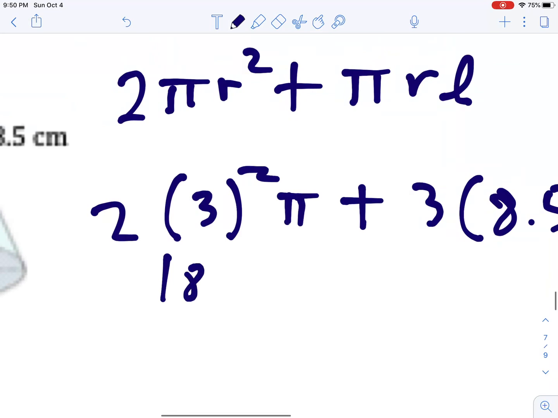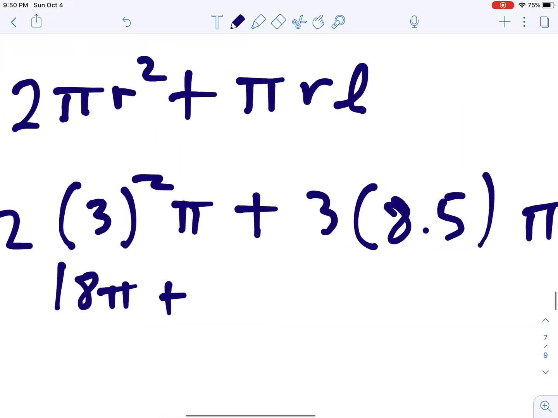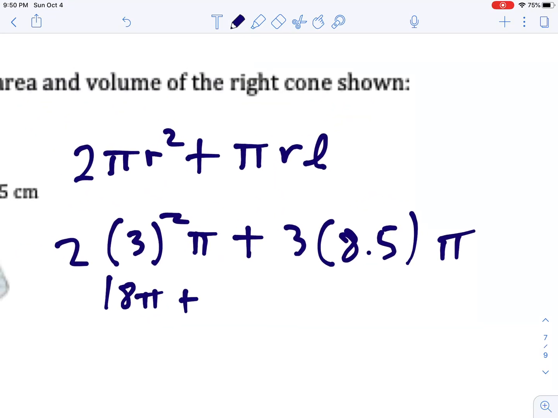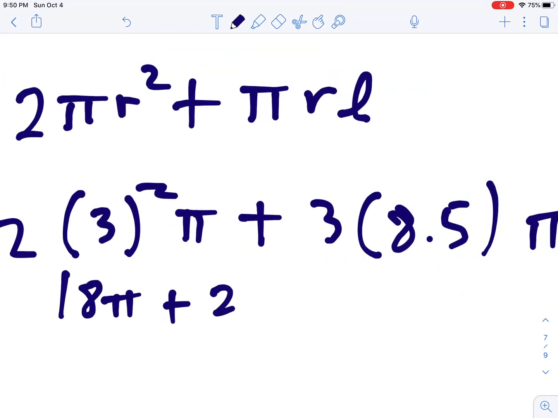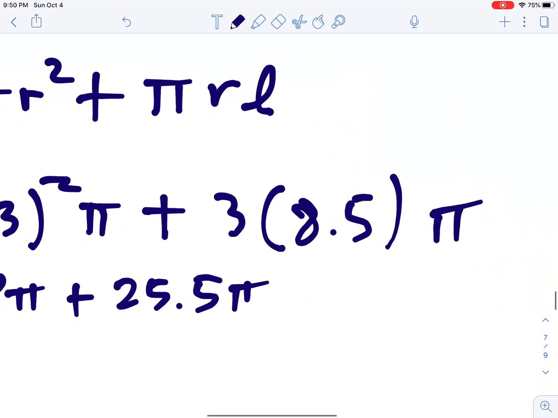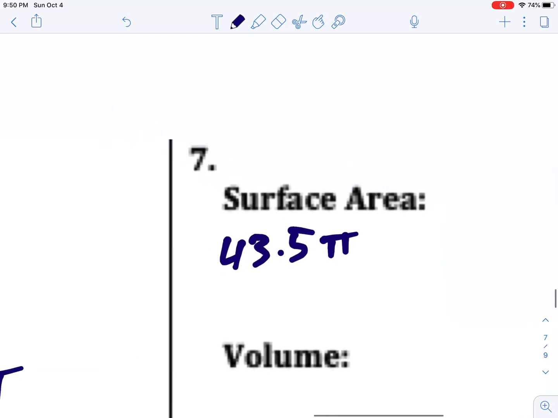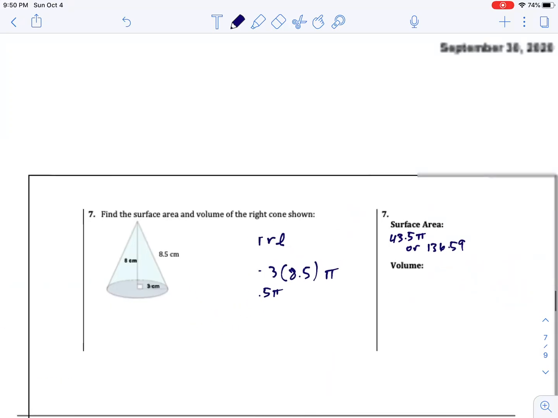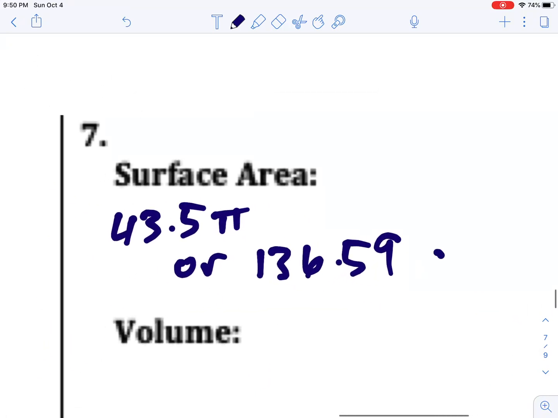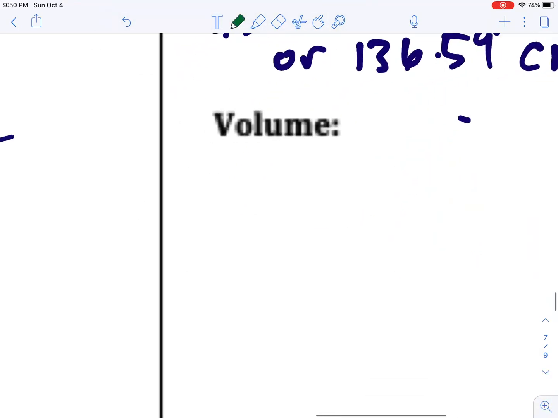And this is 18 pi plus 25.5 pi. Add those together, you get 43.5 pi, or times that by 3.14 gives you 136.59, and what do we got? Centimeters, so squared centimeters.